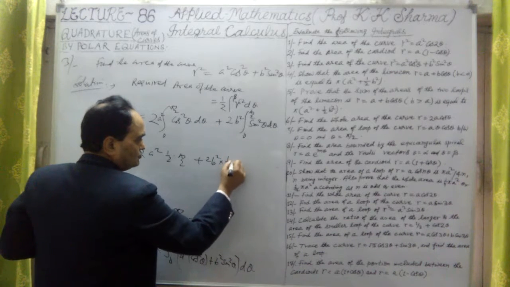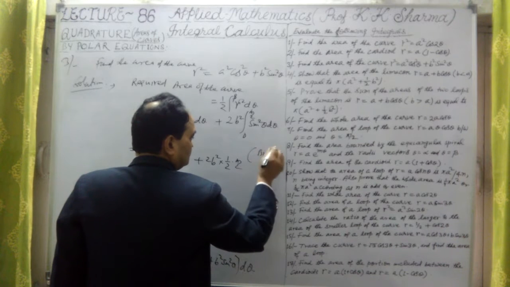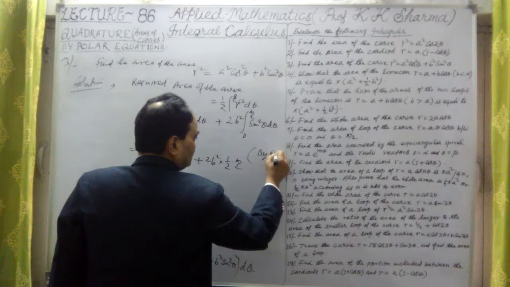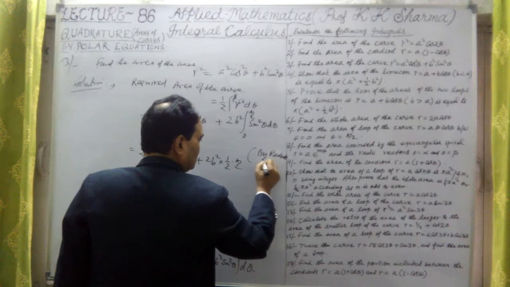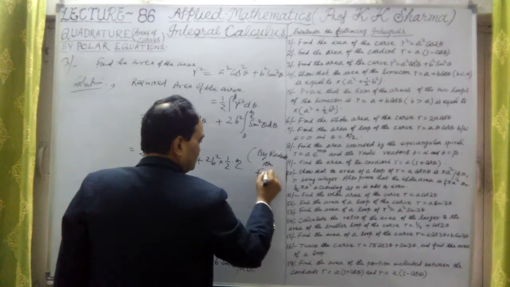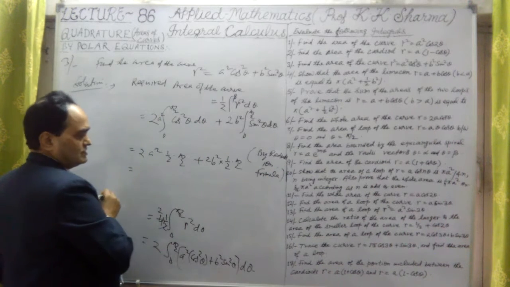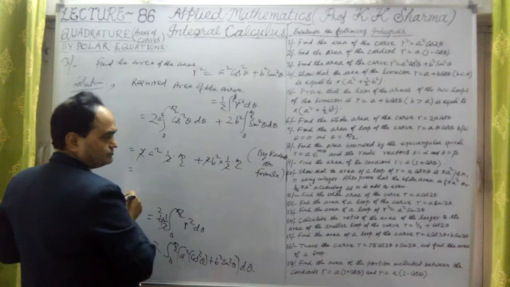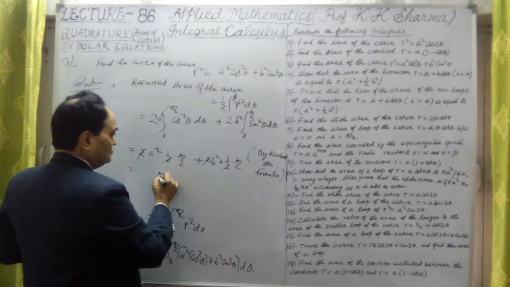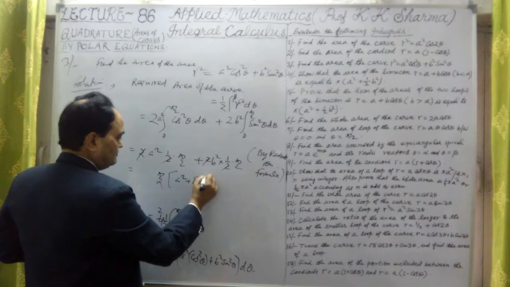The 1/2 and 2 cancel out. So if I take pi upon 2 common, inside it is a square plus b square.